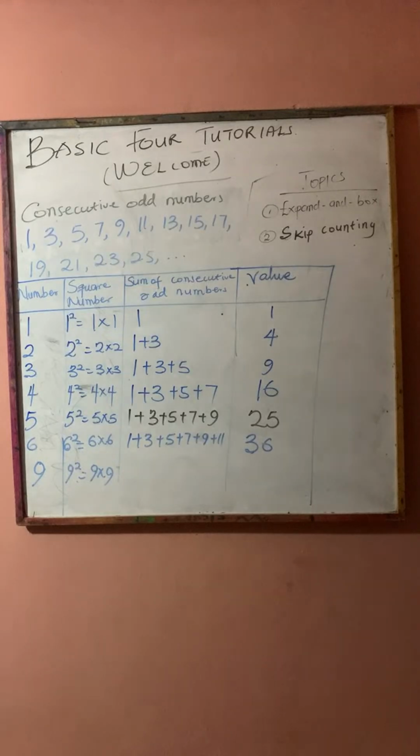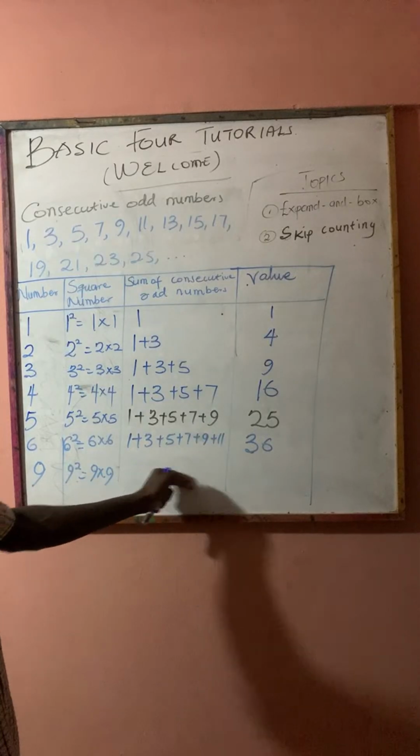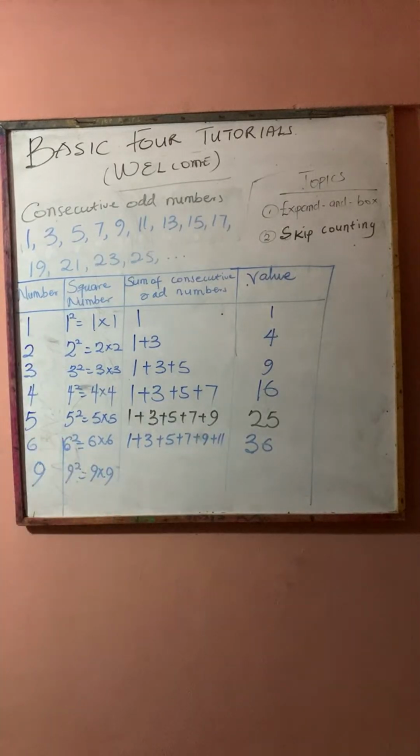Please let us find the odd numbers for 9 squared and the value of 9 squared. Okay. So we can move on. Please, we are looking for the value of 9 squared.